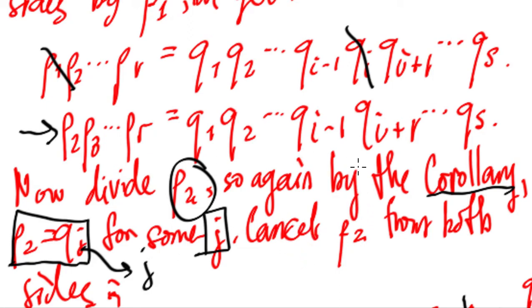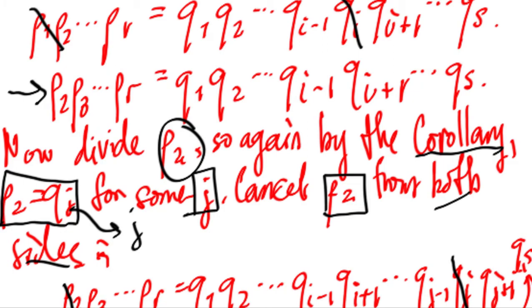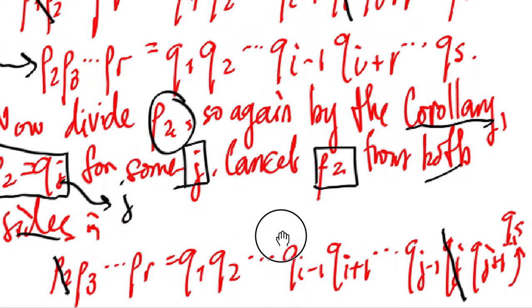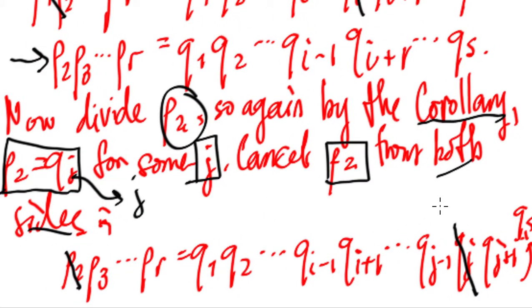So what we need to do is the same old thing: cancel p sub 2 from both sides. So what we have is this. The p sub 2 is cancelled, and then q sub j is cancelled, since p sub 2 is equal to some q sub j.